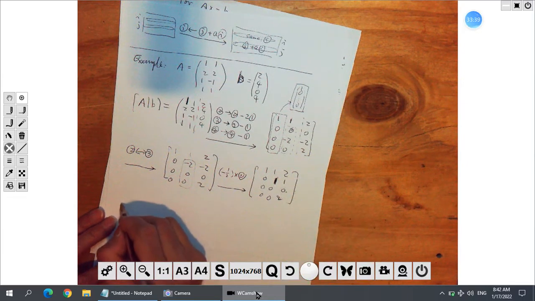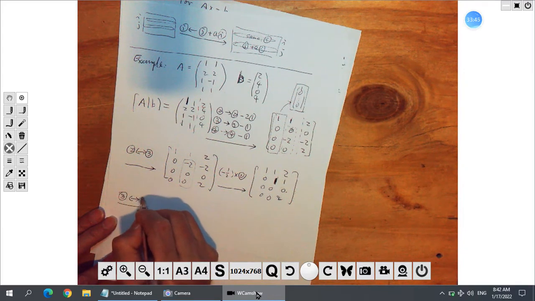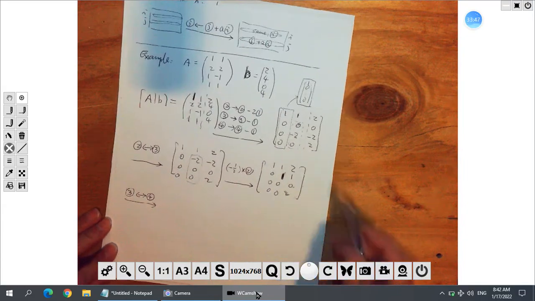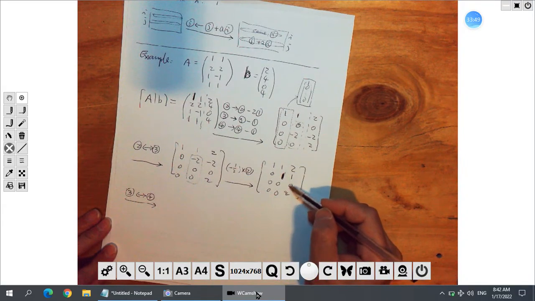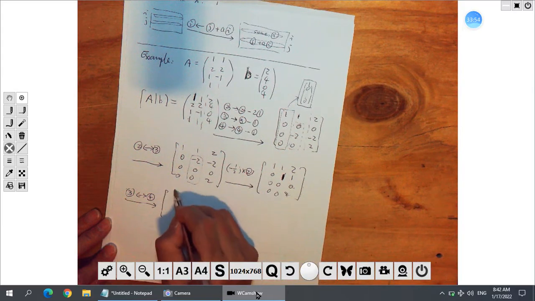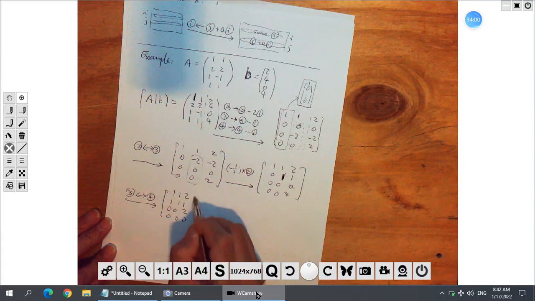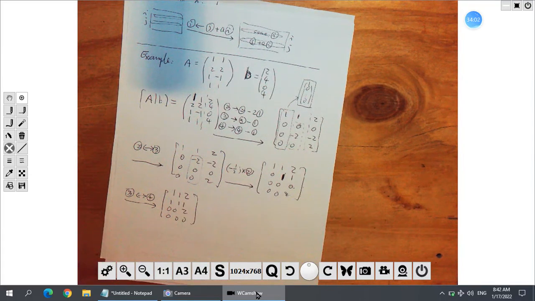Next step, we just change the order of 3 and 4, these 2 lines, we change the location of these 2 lines. Then we have 1, 1, 2, 0, 1, 1, 0, 0, 2, and 0, 0, 0.